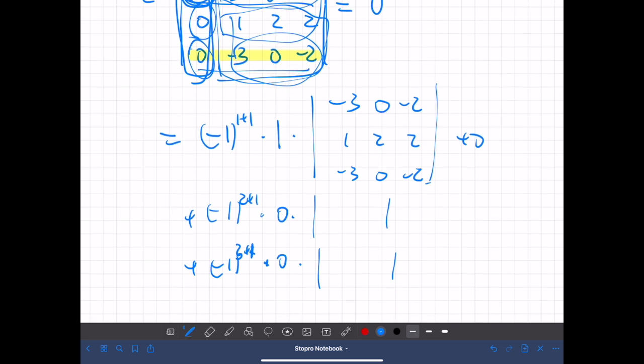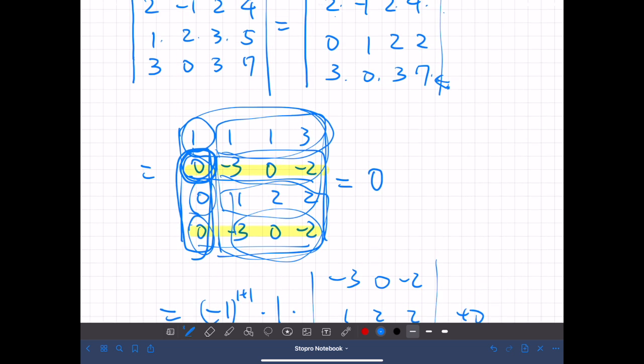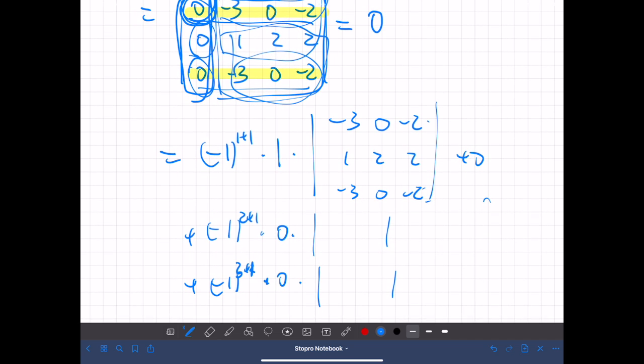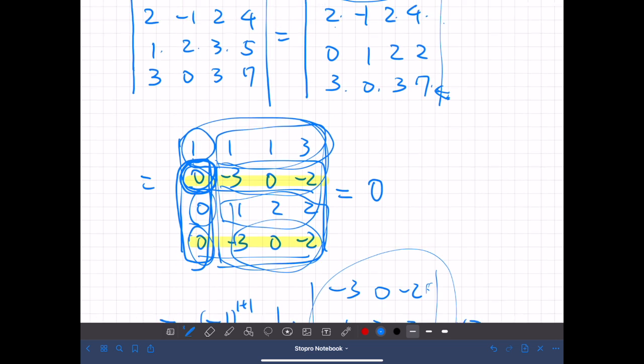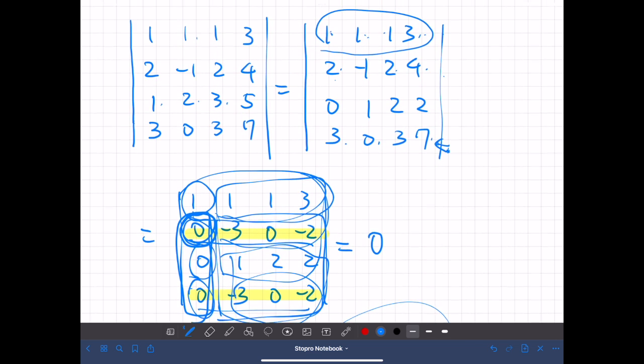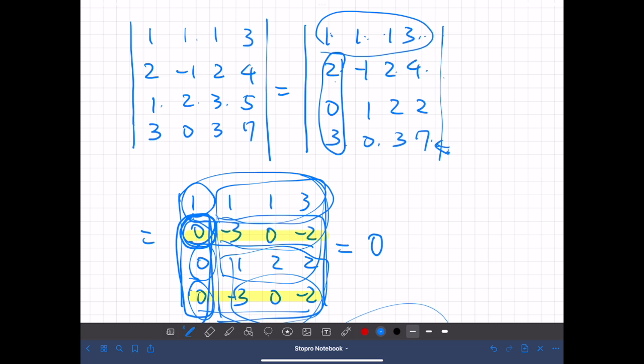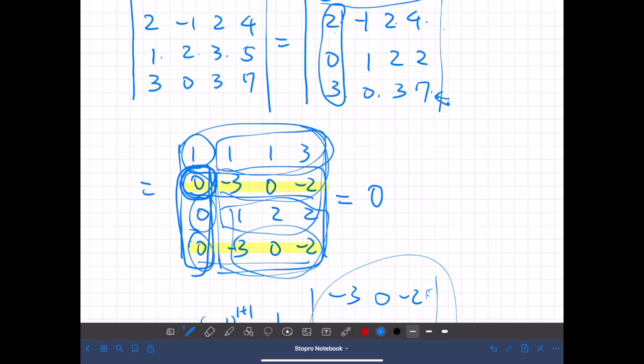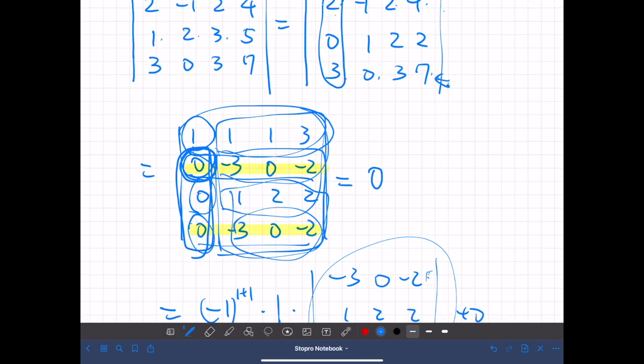So everything else will be 0 except for the first one. But the first one is indeed actually 0 if you continue to compute this determinant. So in any case, just make everything 0 except for one of the rows. Then it's a lot easier. Okay.